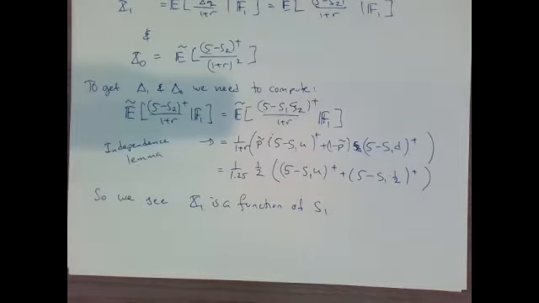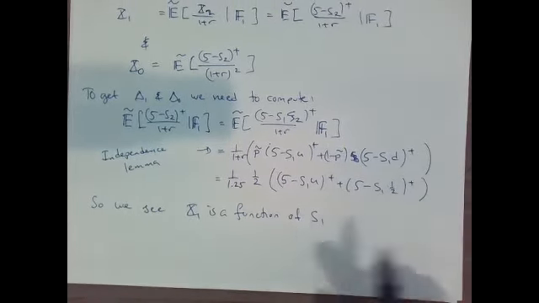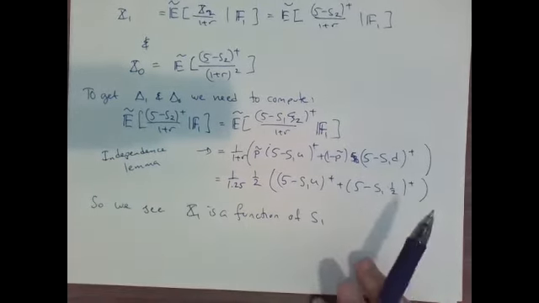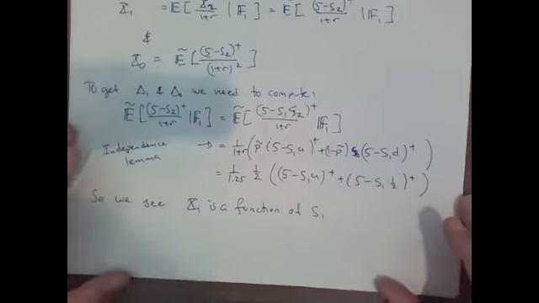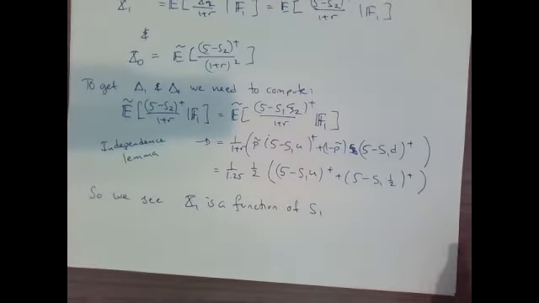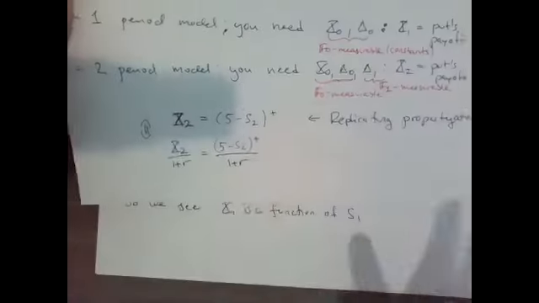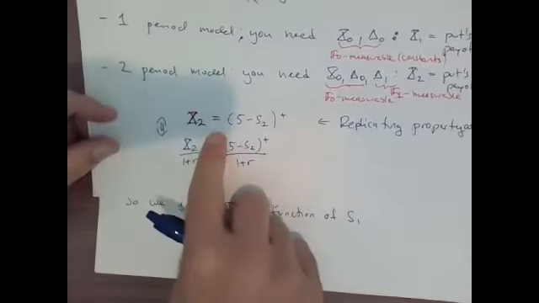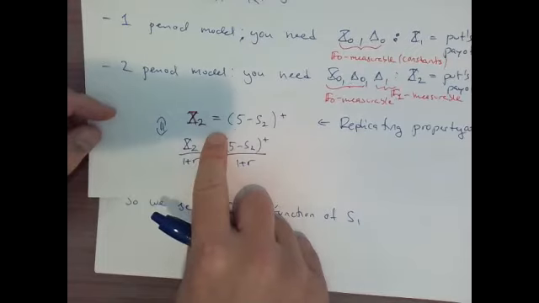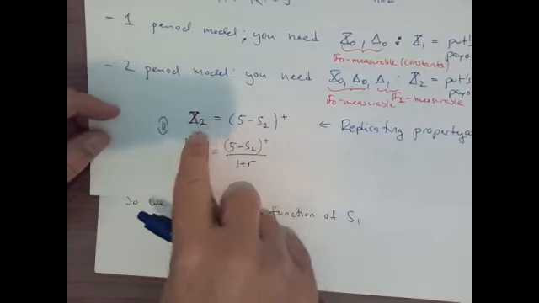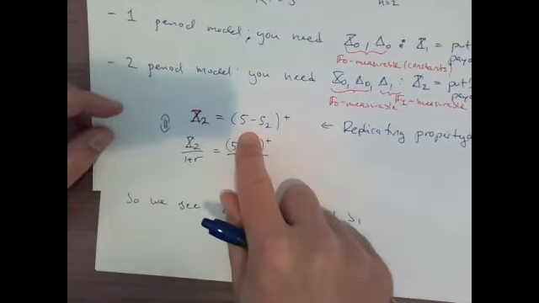I also want, the goal is to create these delta 1 and delta 0. So how do I do that? Well, this is my formula that I want. I want X2 to satisfy this.